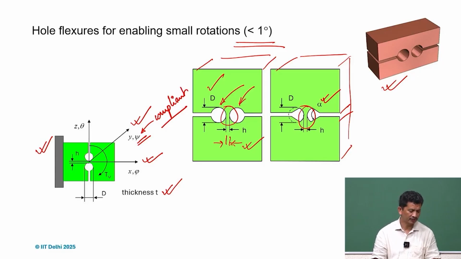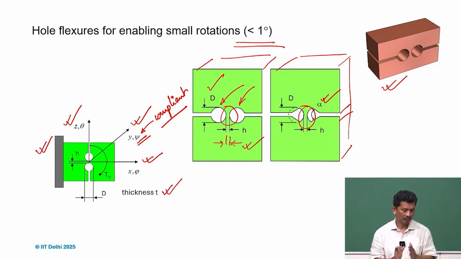When we look at Z, Z again is a stiff direction, and theta as well, because of the large thickness, theta is also constrained.